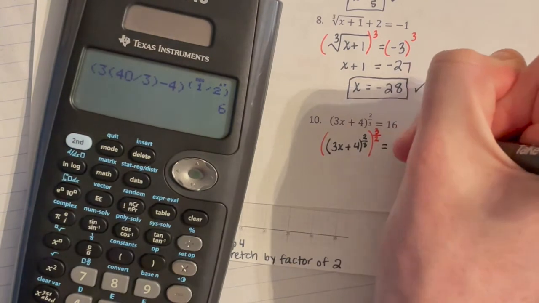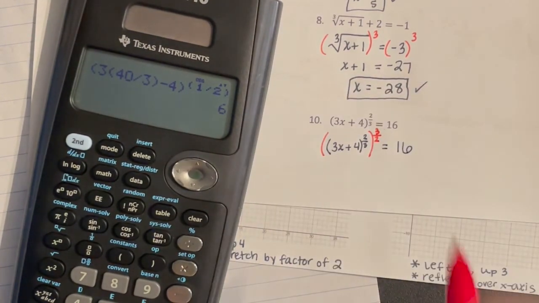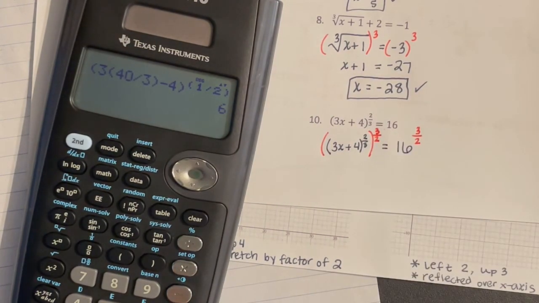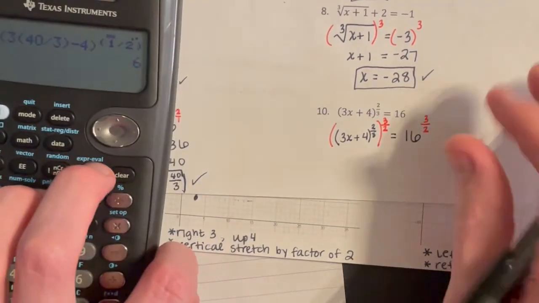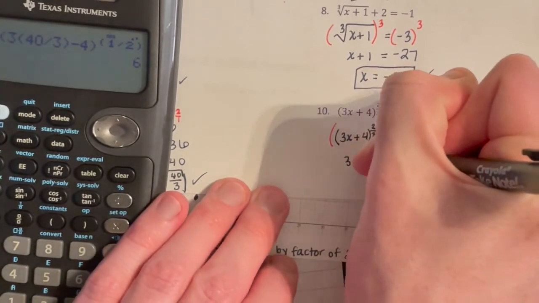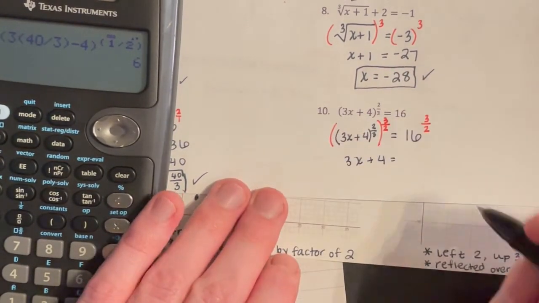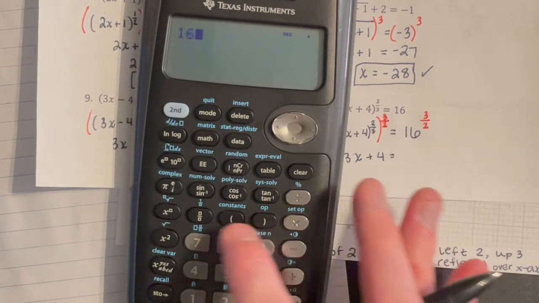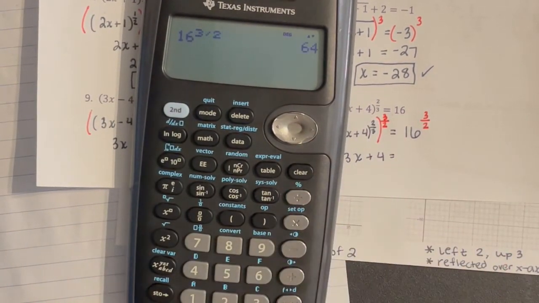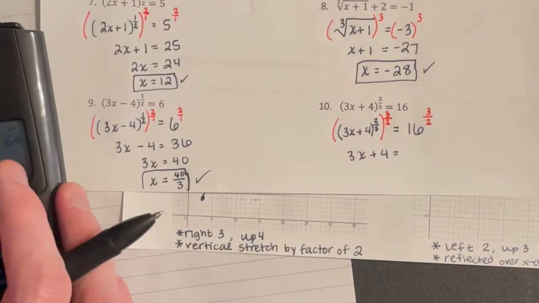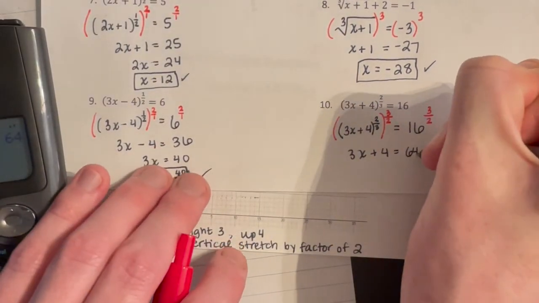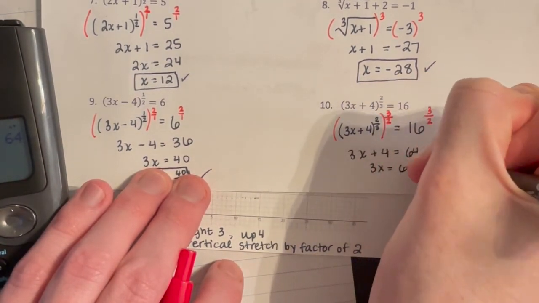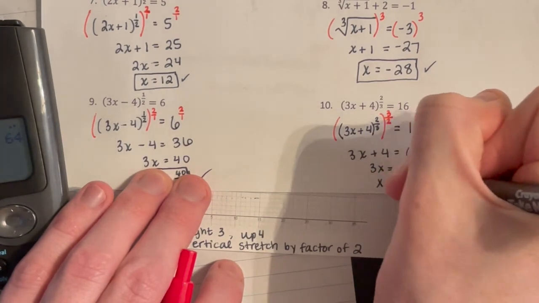So if I raise both sides to the 3/2, it will get rid of what would have been a radical. So now 3x plus 4 equals, and let's see, what is 16 to the 3/2? I get 64. If I subtract 4, that gives me 60. And then divide by 3, 60 divided by 3 is 20.